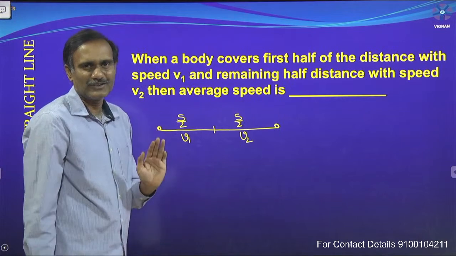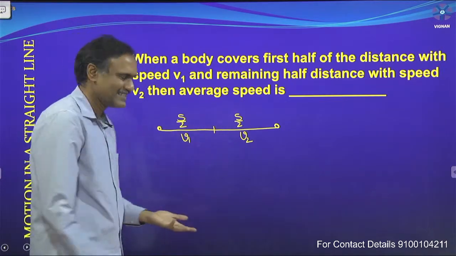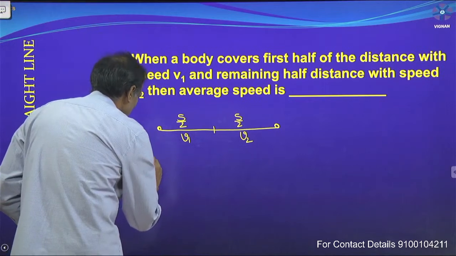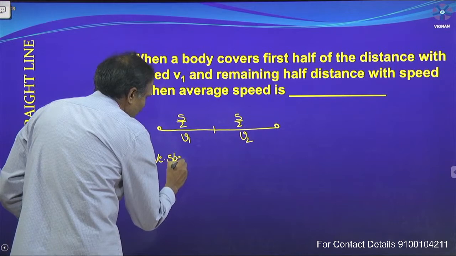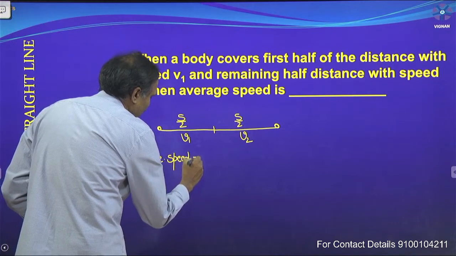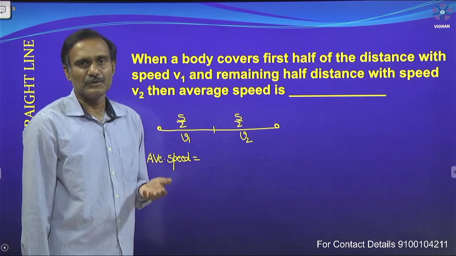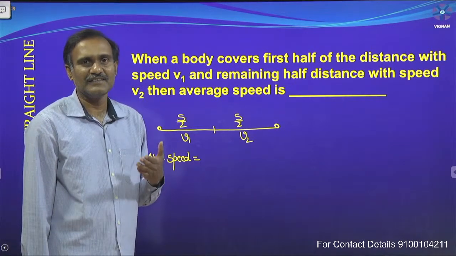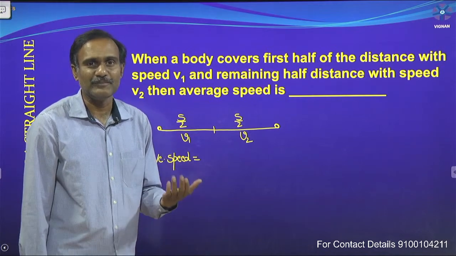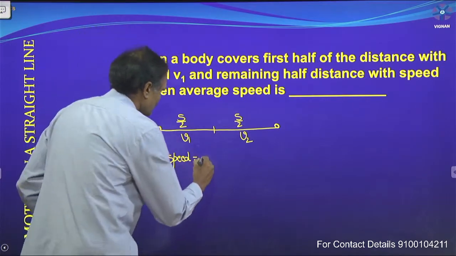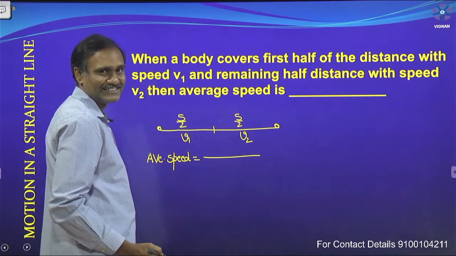Now we are going to calculate the average speed. Once again, write the definition for average speed. What is it? Total length of the path travelled by the particle divided by time taken. What is the total length of the path travelled by the particle here?